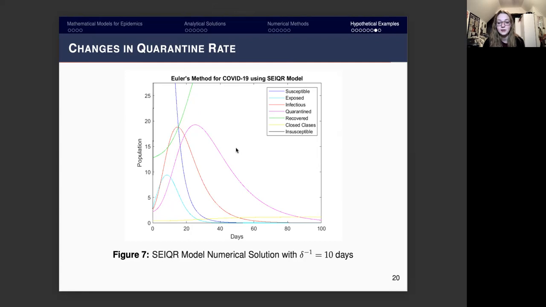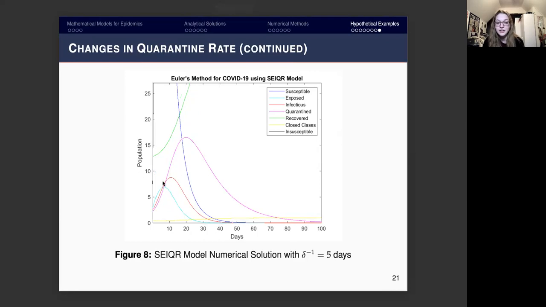Now when we decrease it to, say, 5 days, we can see that our infectious population is significantly lower and our quarantine population is also lower, but this difference here is almost twice as much between our infectious population and our quarantine population.